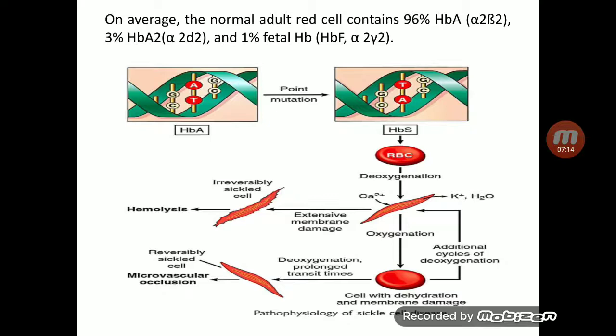HbA contains a pair of alpha and a pair of beta. HbA2 contains a pair of alpha and a pair of delta, whereas fetal hemoglobin, that is HbF, contains a pair of alpha and a pair of gamma chains. So your adult hemoglobin contains 3 different types of hemoglobin, that is HbA, HbA2 and HbF.